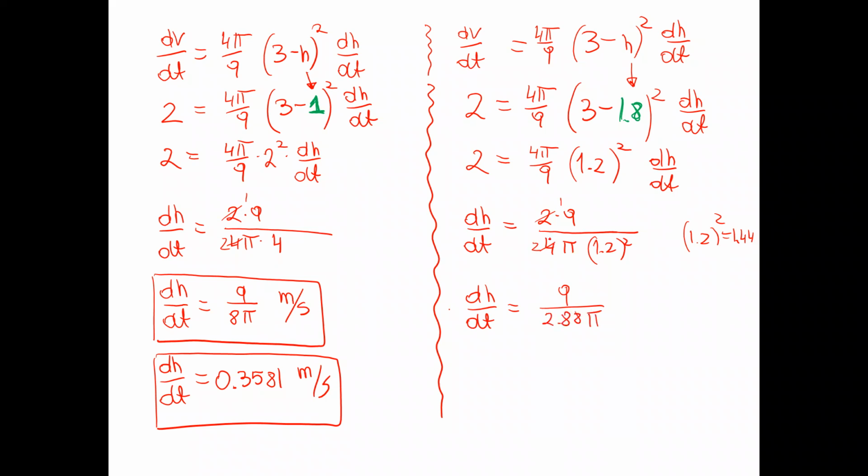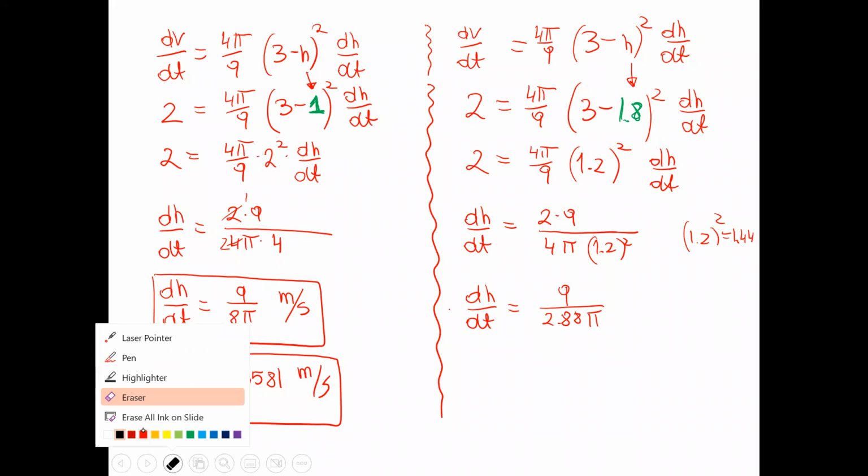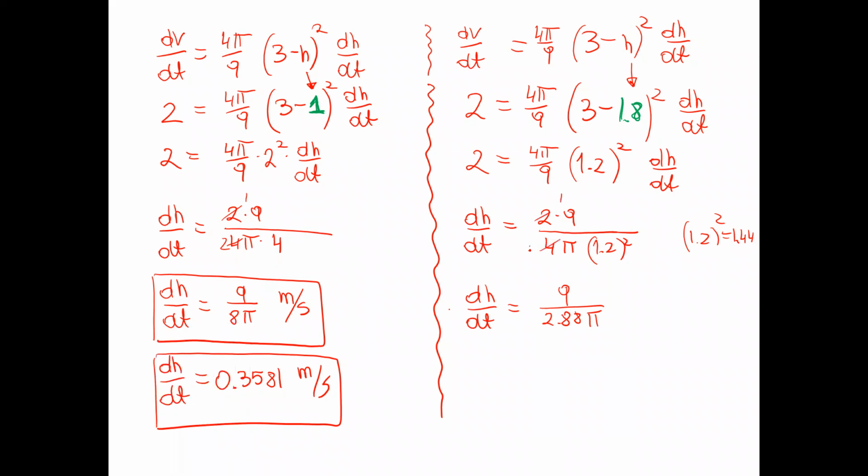Yeah, I'm just trying to do the math without the calculator. But let's just keep maybe 2 times 1.2 squared. The first one was 9 over 8 pi. This one is 9 over 2.88 pi. Just arithmetically, when the denominator is smaller, the whole fraction is bigger, which results in the bigger rate of change.